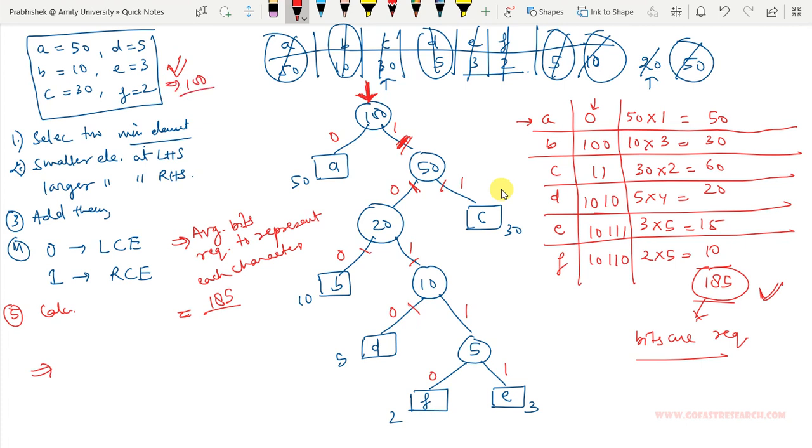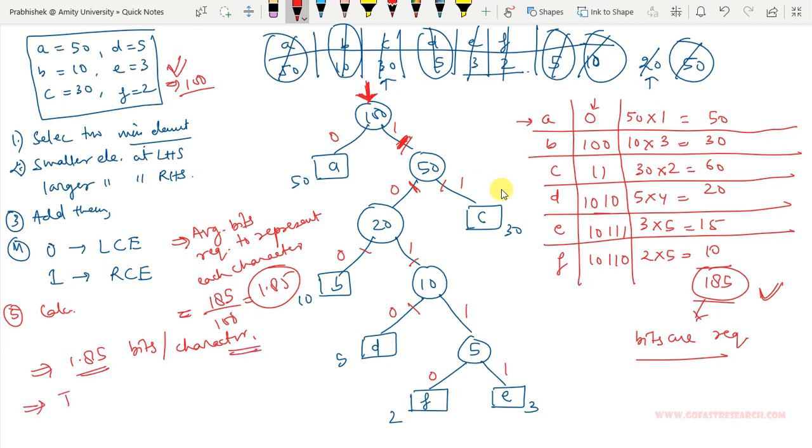Total characters is 100, so this will be 1.85. So the answer of average bits is 1.85 bits per character required to represent each character. This is the second type of question that can be asked.